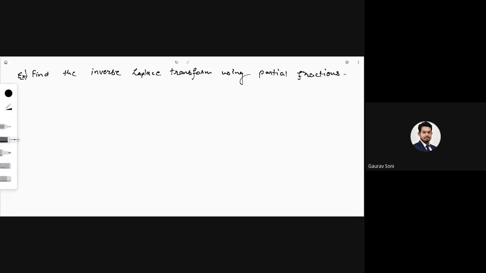Example: find the inverse Laplace transform using partial fractions.